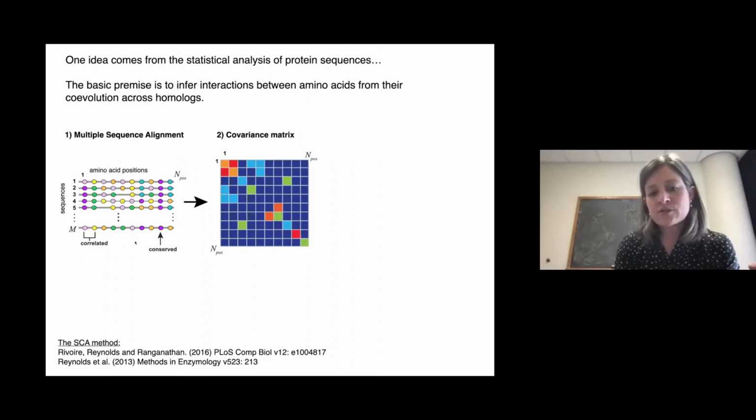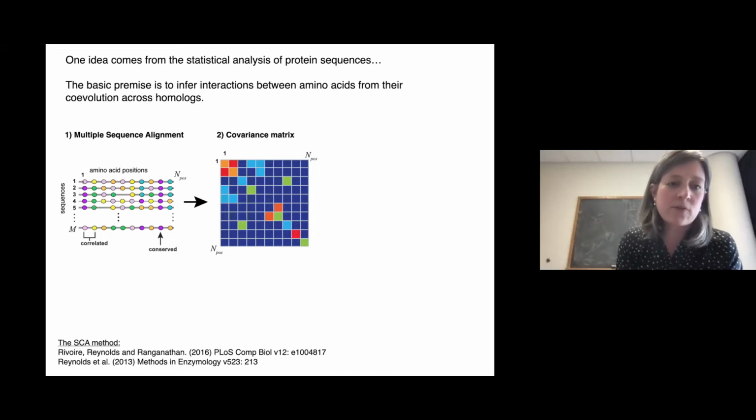So the general scheme of these analyses is that we start off with a multiple sequence alignment, where we're starting with hundreds to say thousands or now even tens of thousands of sequences. These are all what we're presuming are homologous sequences based on sequence identity. And then we start looking at the conservation and particularly the correlations in conservation between pairs of amino acids.